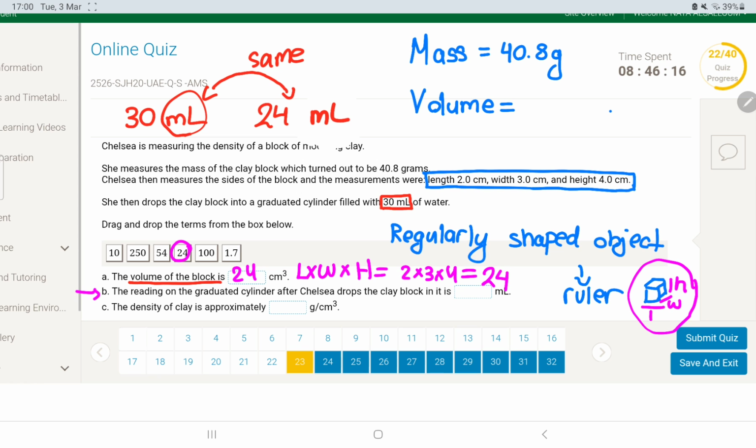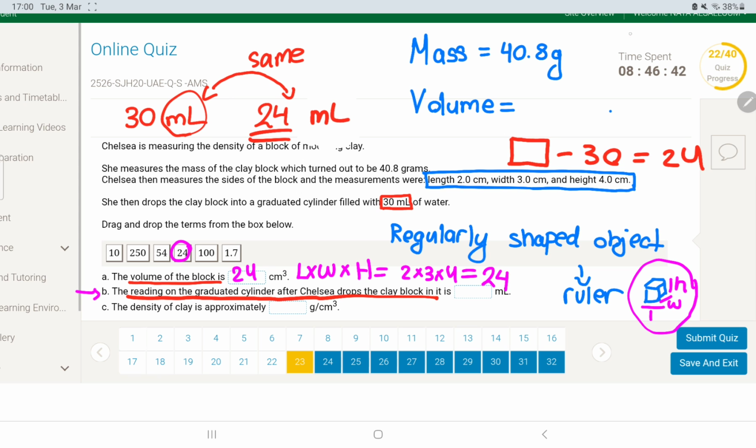Okay? So, now here we're using liquid displacement method. So, let's see, the reading on the graduated cylinder after Chelsea dropped it. Do we know the reading? No. So the reading. How did you get 24 milliliters? Minus 30 is 24. Now, how?